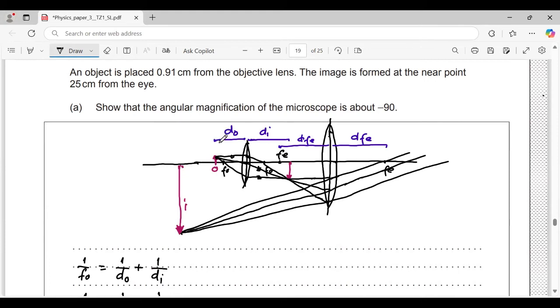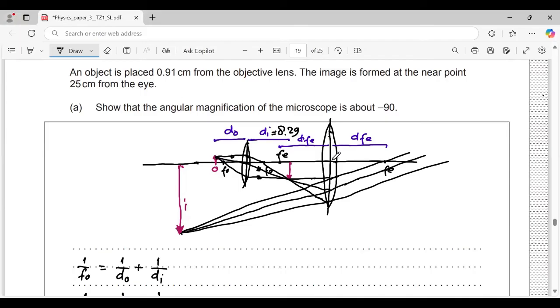So this is the distance of the object, and then where is 8.29? 8.29 is from this point to here. The image, according to the information, is 25 centimeters from the eye.